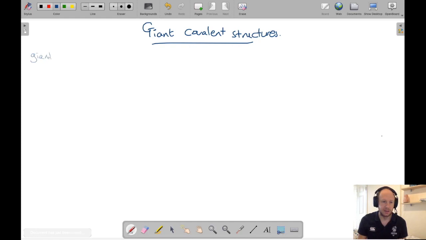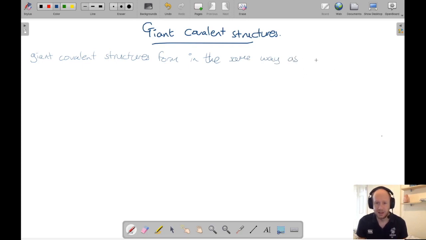Giant covalent structures form in the same way as simple covalent molecules. It's all exactly the same. Let me just increase my line size a bit. It's all exactly the same.